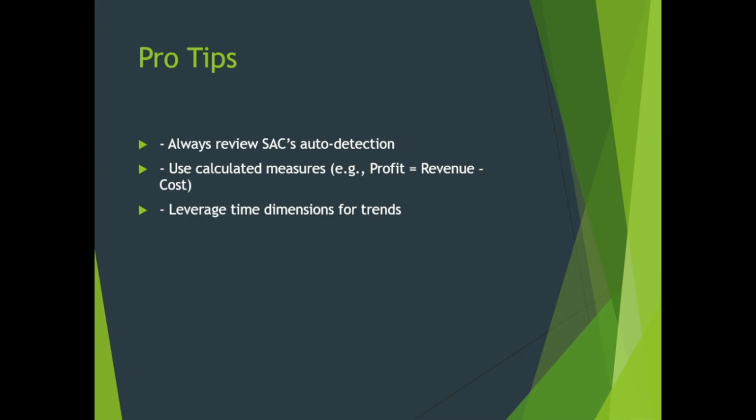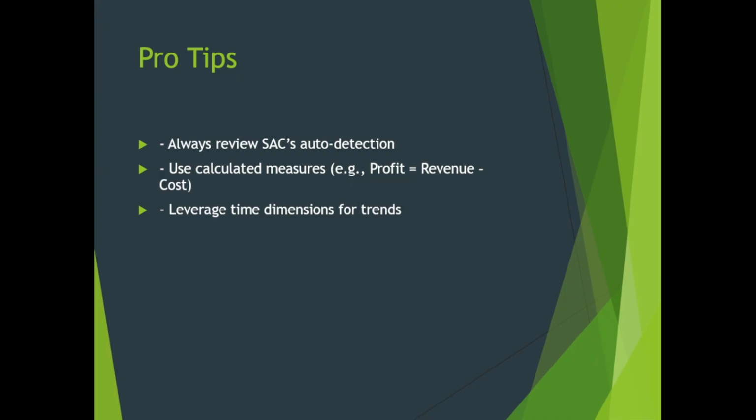The next tip is to use a calculated measure. For the sake of calculation, for example, you want to calculate the profit. You should do this calculation at this stage of modeling, because if we do a lot of calculation at a later step, this will affect the performance of the modeling.